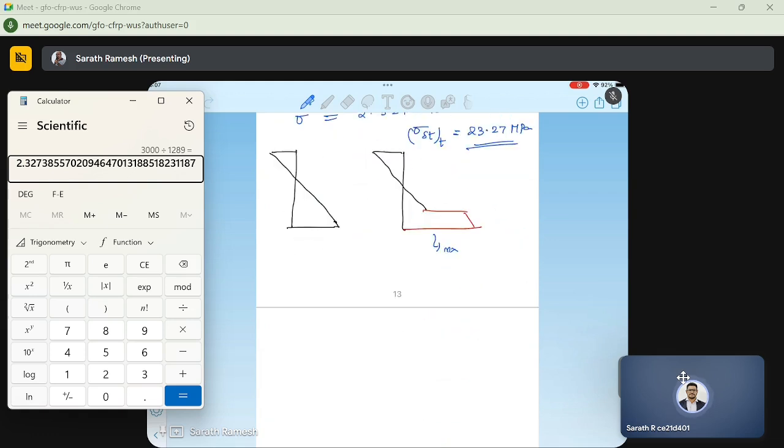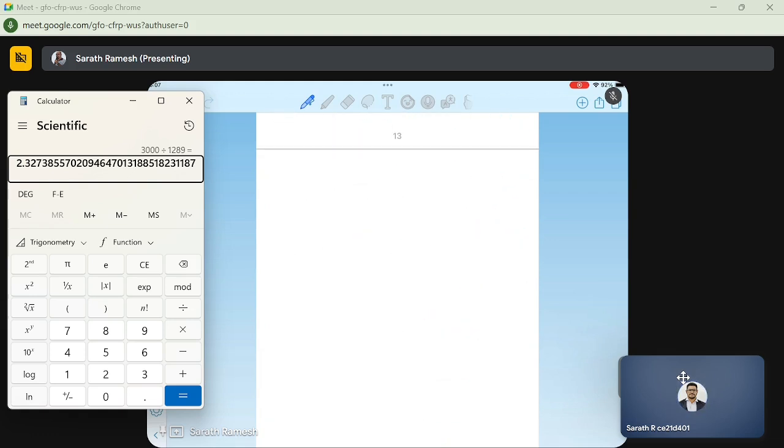Next question is the shear stress: the maximum shear stress at the interface between steel and wood.